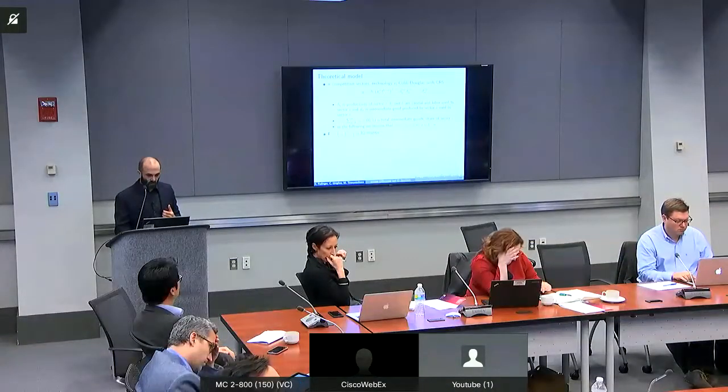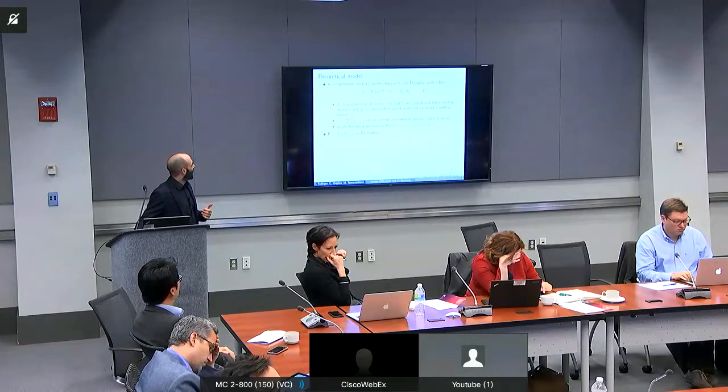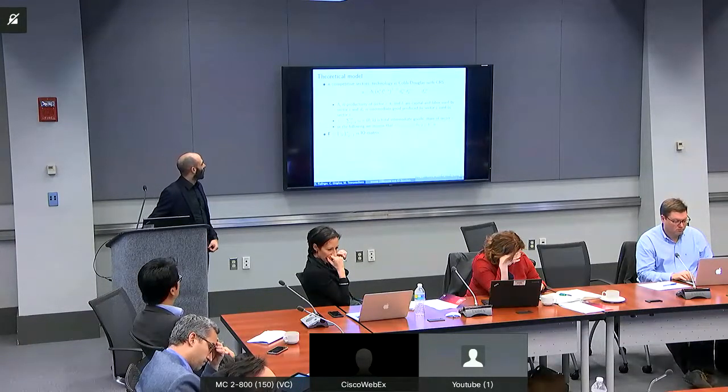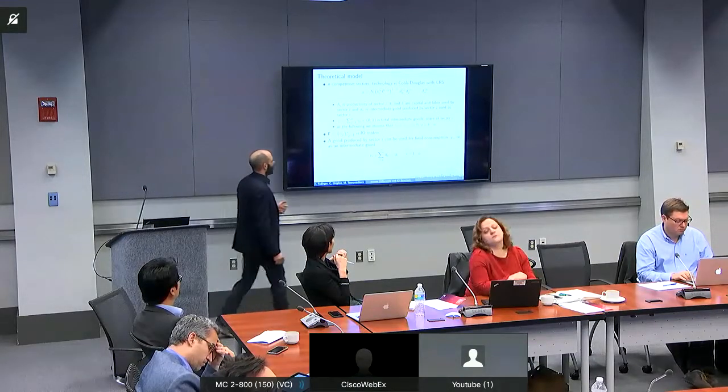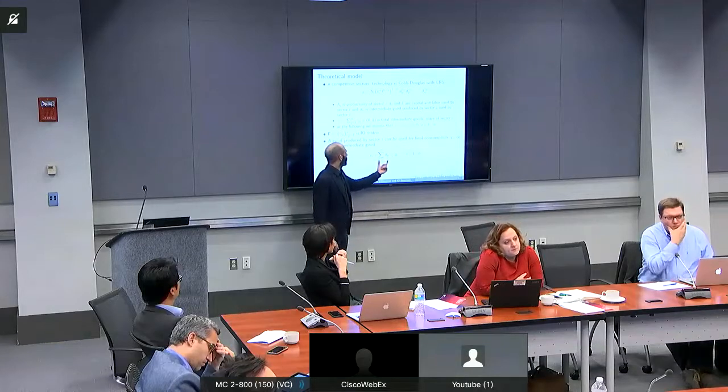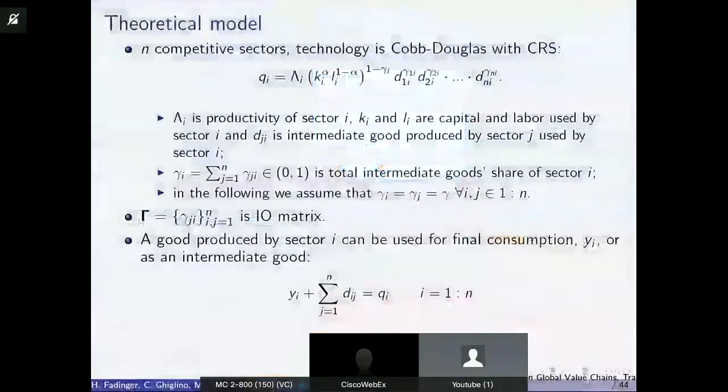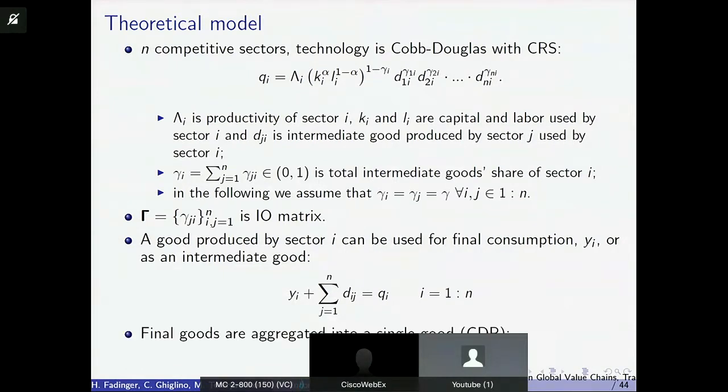The matrix gamma is the collection of these input-output coefficients. That's the I/O matrix. And gross output can be used either for intermediate use or as a final use y. And then we aggregate in a Cobb-Douglas fashion the value added or final use of the intermediates into GDP.